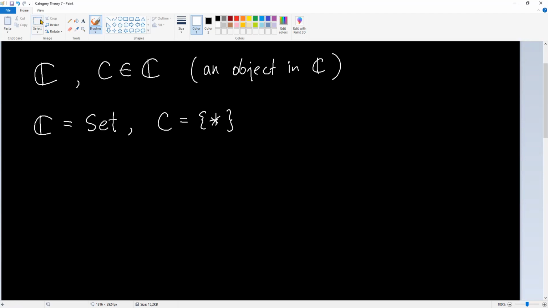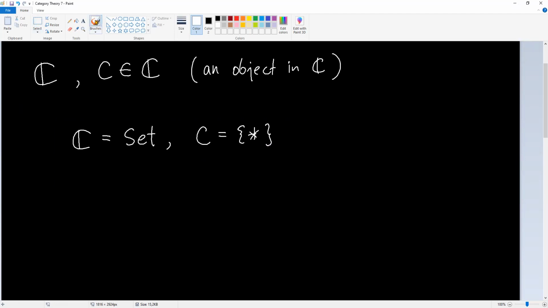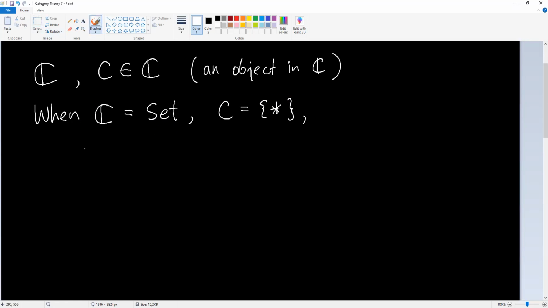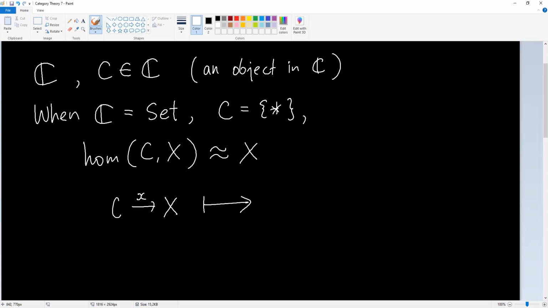In this case, Hom(C, X), for any object X in the category, is bijective to X. So if I have a morphism, maybe I'll call this morphism small x, then that defines an element of X by evaluating the function x at the unique element of C. So that will be an element of X, right?